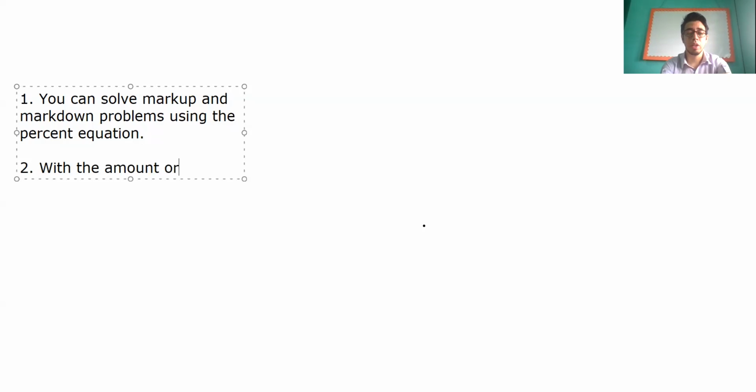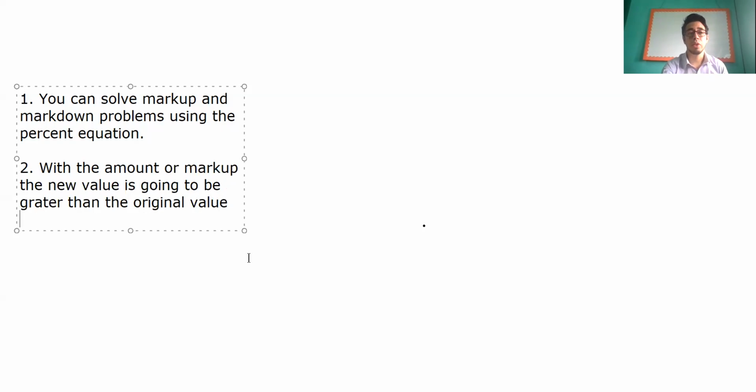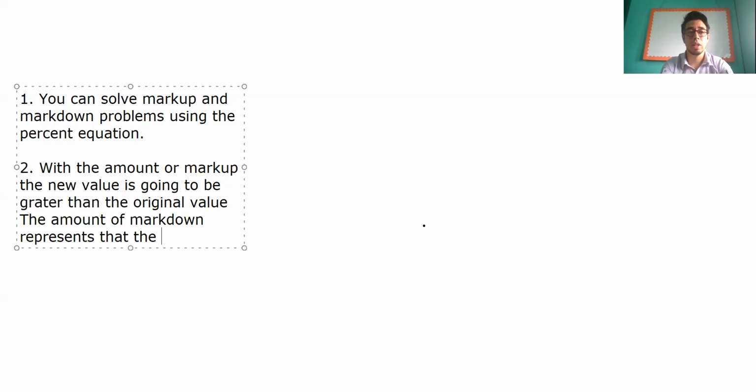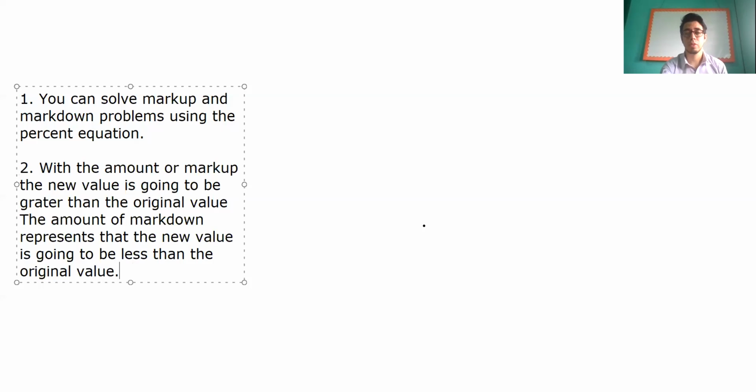With the amount of markup, the new value is going to be greater than the original value. And for the next one, the amount of markdown represents that the new value is going to be less than the original value.